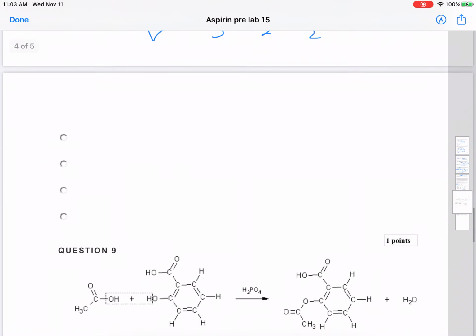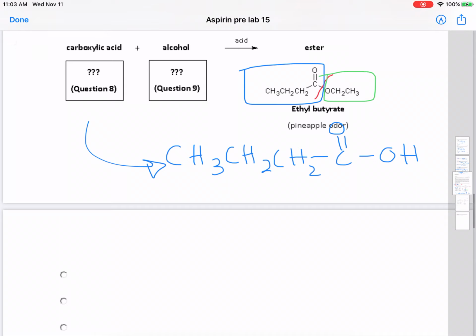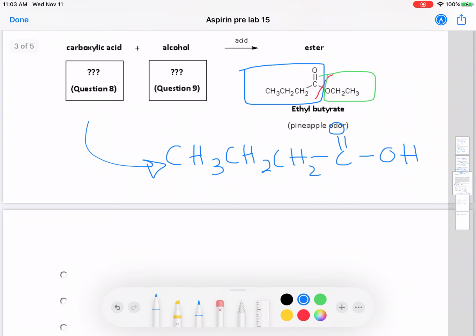And then question 9 is asking what is the respective alcohol. Alcohol comes from the green square that I have drawn, which for question 9 is CH2, CH3, and then the O, and then to this you need to connect a hydrogen.